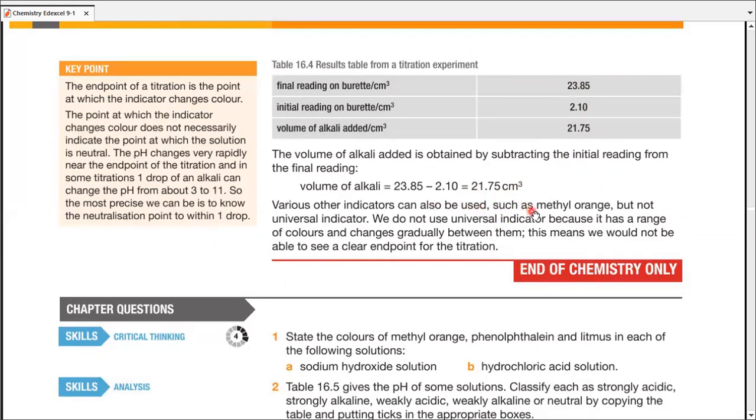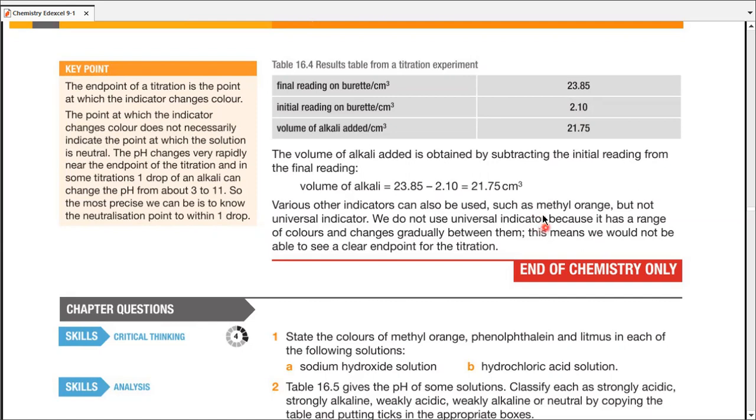Other indicators can also be used, such as methyl orange. Remember, methyl orange is orange in neutral medium, red in acidic medium, and yellow in alkaline medium, right? So if you were supposed to use methyl orange and put a few drops in the flask, they would immediately turn red because we had acid in the flask. And if you go with the exact neutralization point, that red would turn to orange.